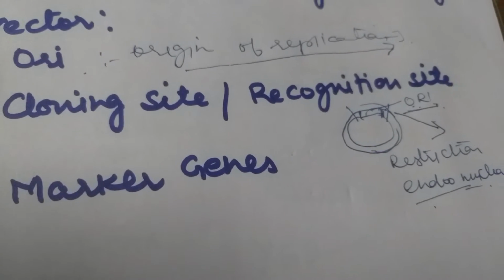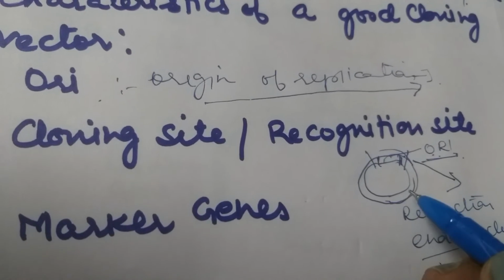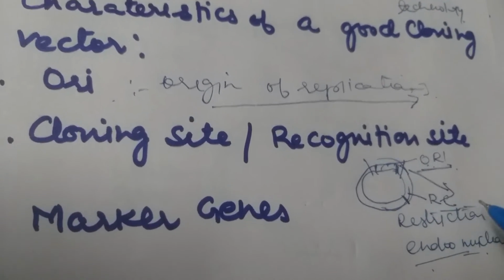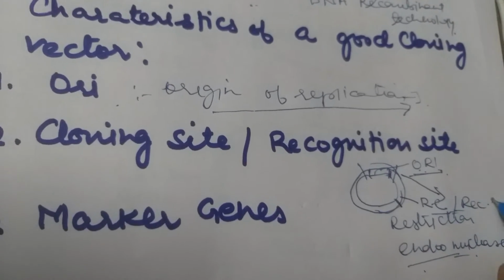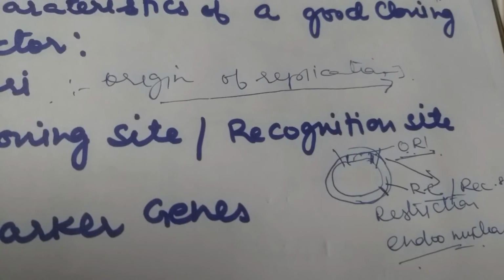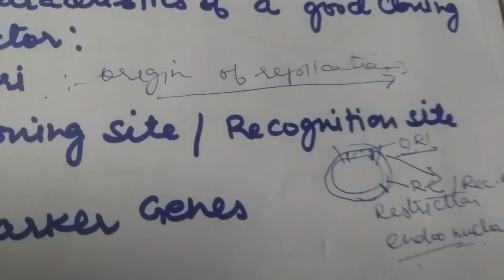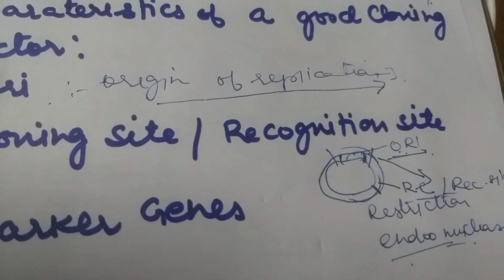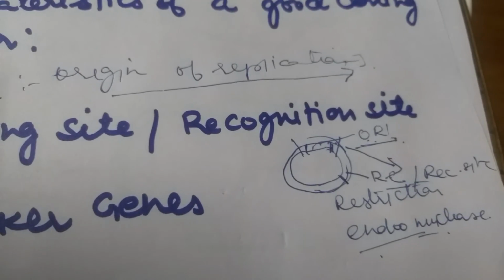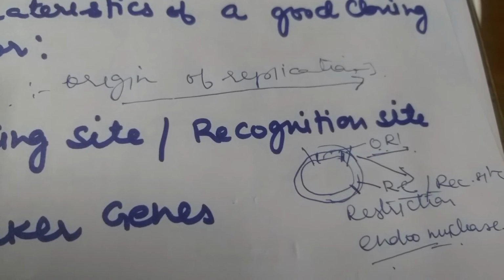Furthermore, a vector must have at least one restriction site, or recognition site. But a vector can have more than one recognition site, recognized by different types of restriction endonucleases.